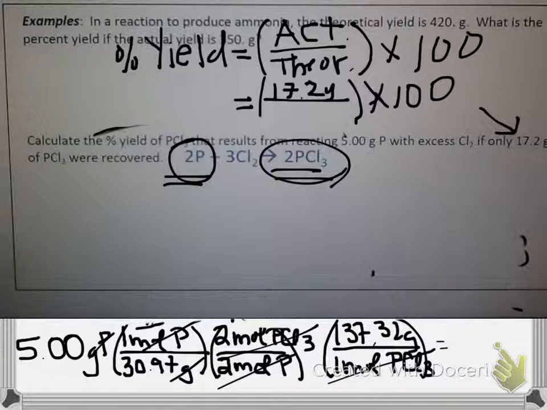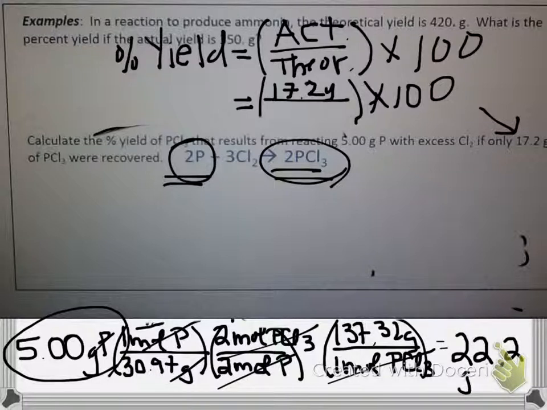Okay, here's how many grams of phosphorus trichloride we make. From 5 grams of phosphorus, we are going to make 22.2 grams of phosphorus trichloride. Okay. Whew, I'm exhausted after that one. Okay, so what is that? That is our theoretical yield.